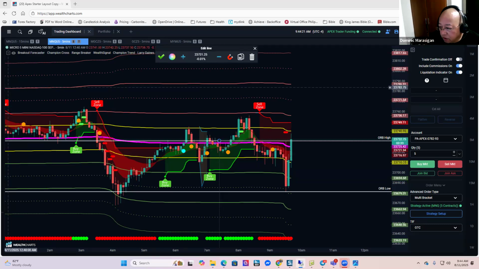So wait for the close. You see that? Oh, well, it's about to create a new candle here. We got 1 minute left. What happened there? It just pierced it, but let's see if it's going to close above it.